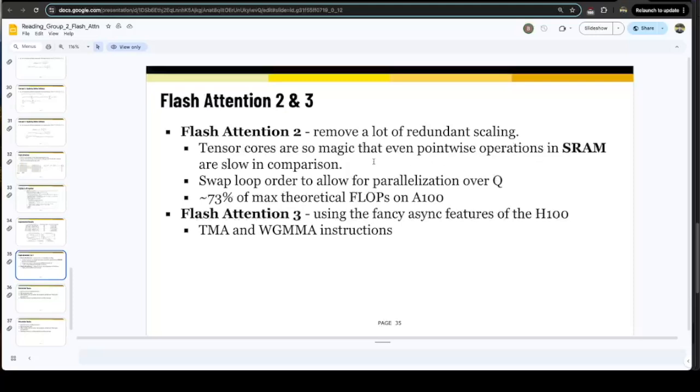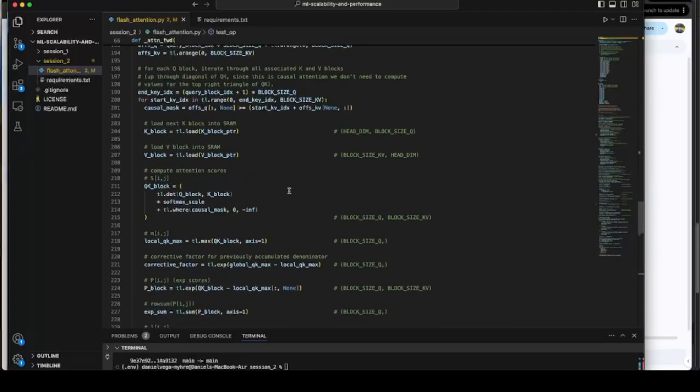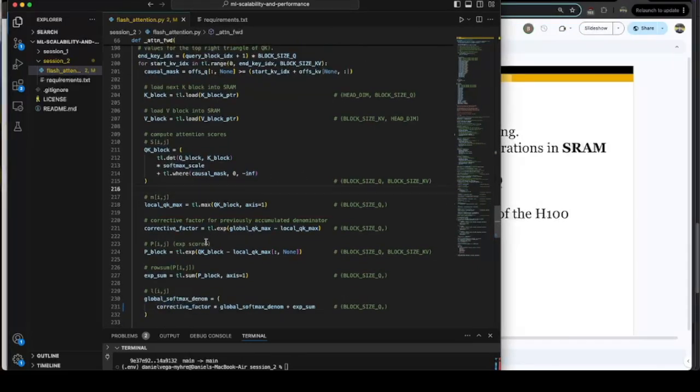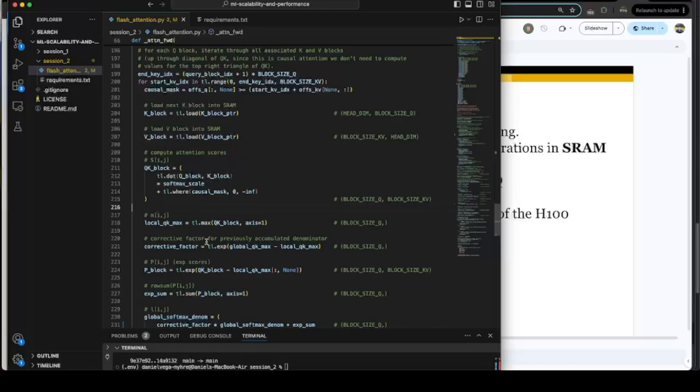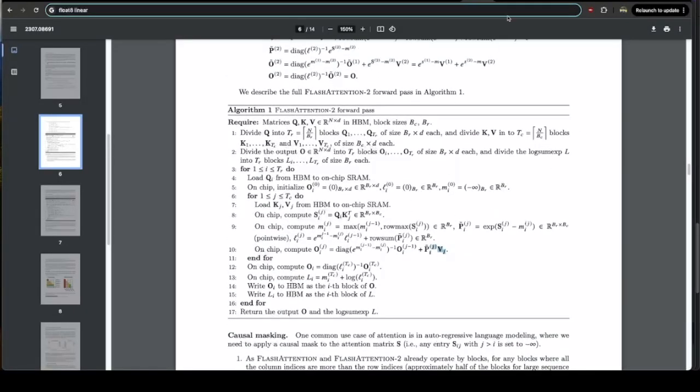If you look through the implementation and compare them side by side, you can see that the denominator scaling is now on the outer loop. So can you bring up the Flash Attention 2 and Flash Attention 1 papers?